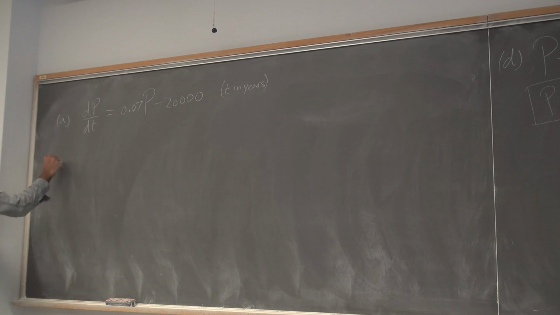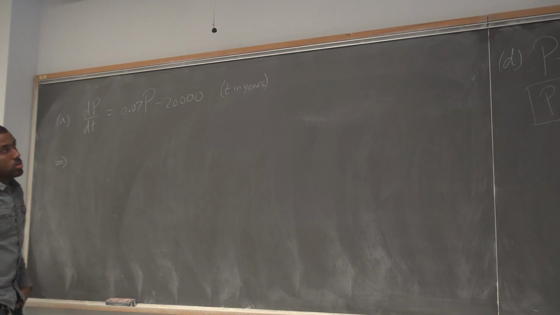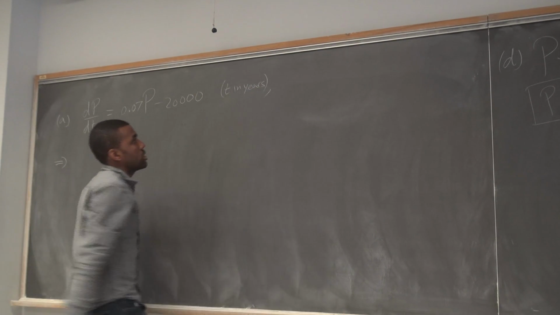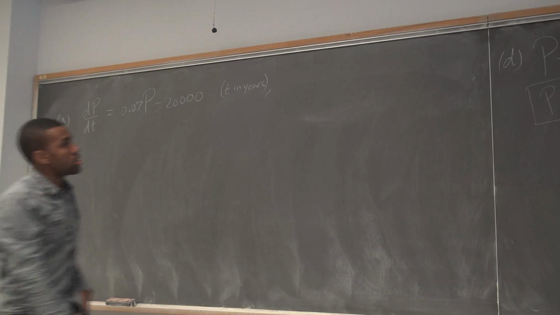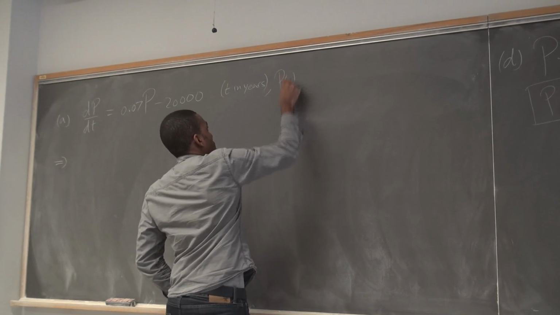So how do I solve this differential equation? Don't you need the initial condition? Yes, I need the initial condition. What's that? P of 0 is 200,000.